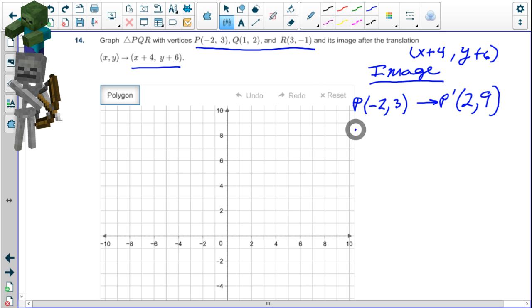All right, so next, Q. Q is at 1, 2. So if we're going to change that to Q prime, add 4 and then add 6. So 1 plus 4 is 5, and 2 plus 6 is 8.